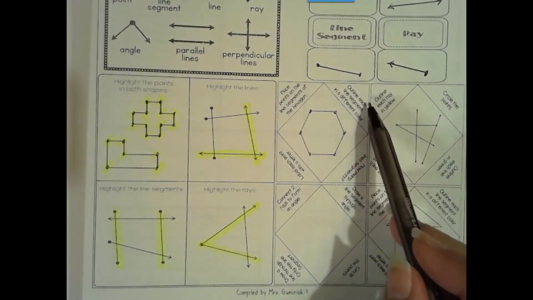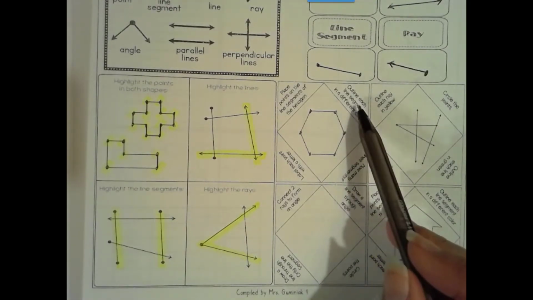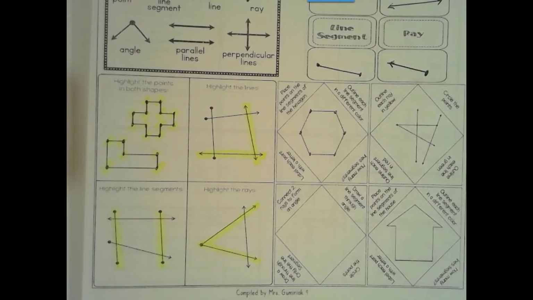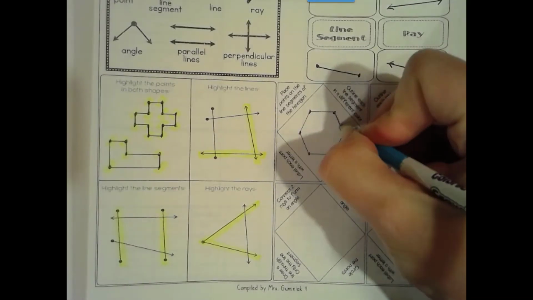Next, outline each line segment in a different color. So this is where those colored pencils or crayons can come in. We just need a different color for each one.